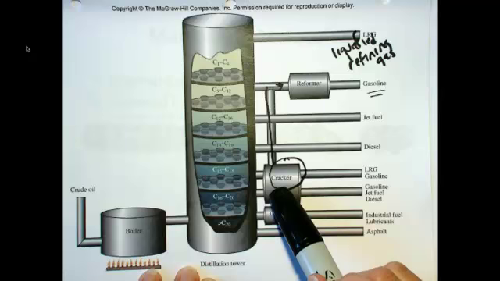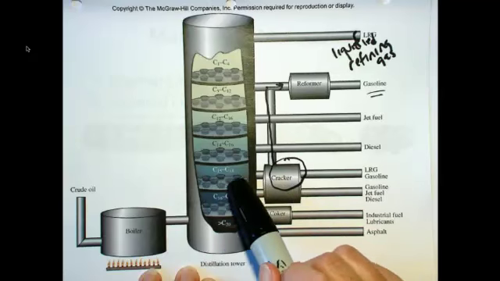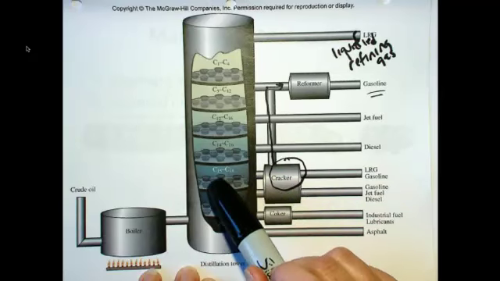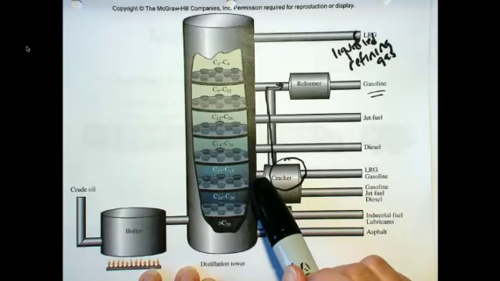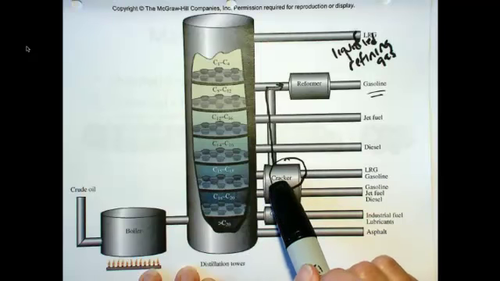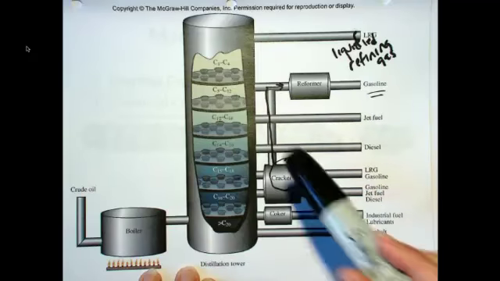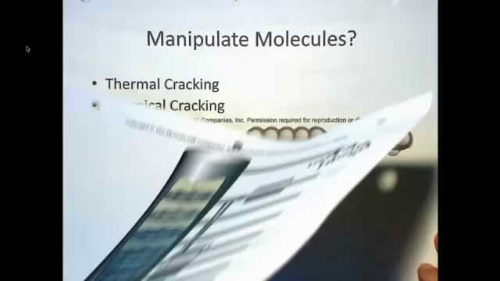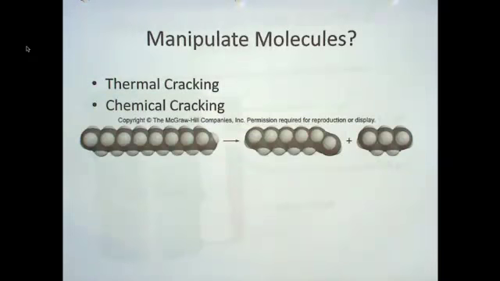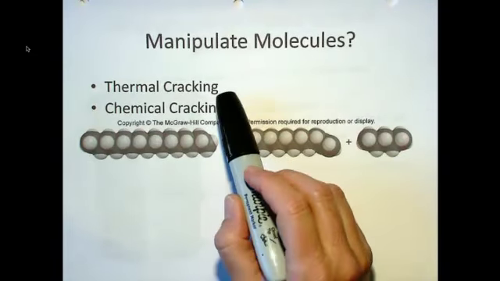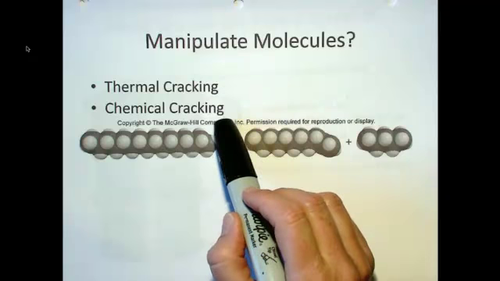We need more gasoline. And so they take this at the refinery and subject it to some chemical change, which we call cracking in a cracker, and it's reformulated into smaller molecules that can be used for gasoline, because that's our biggest need. In that cracking, there are two different types: thermal cracking and chemical cracking.